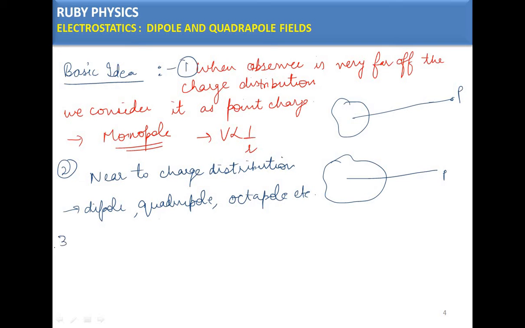And the third case is if the observer is very much near to the charge distribution.